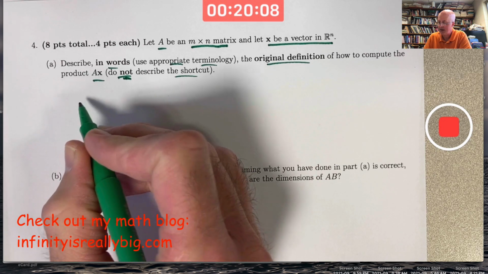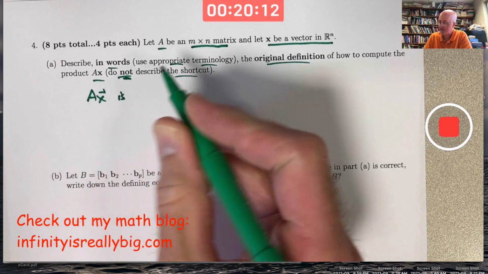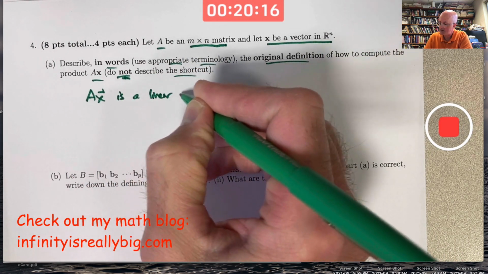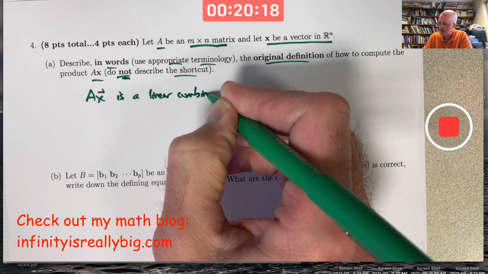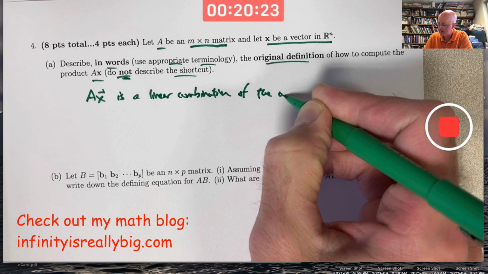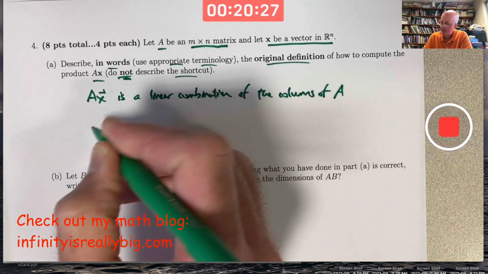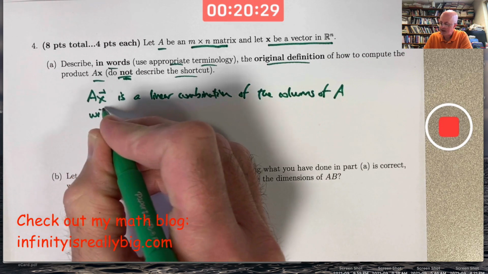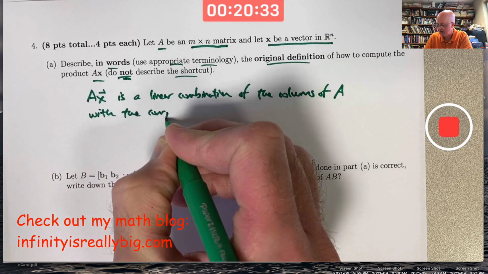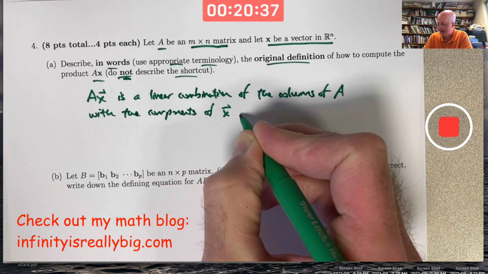In words, you could say A times x is a linear combination of the columns of A with the entries of x, or components of x, as the weights.